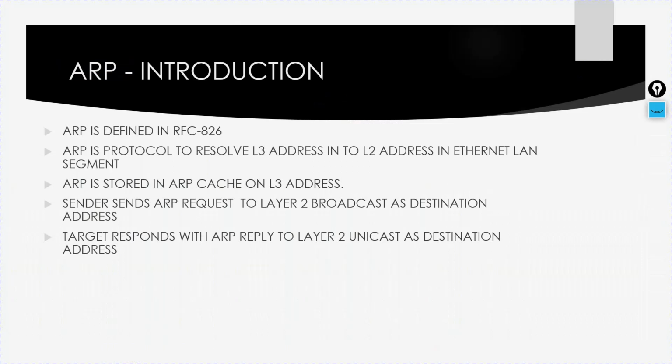Alright, if you see the ARP introduction on this slide, ARP is defined in RFC 826. What do you mean by RFC? RFC is a Request for Comments. It's a proper documentation of ARP or any protocol. If you know the RFC number of any protocol, you can Google it. Let's suppose you need to find the RFC for the TCP protocol, just look for the RFC for TCP.